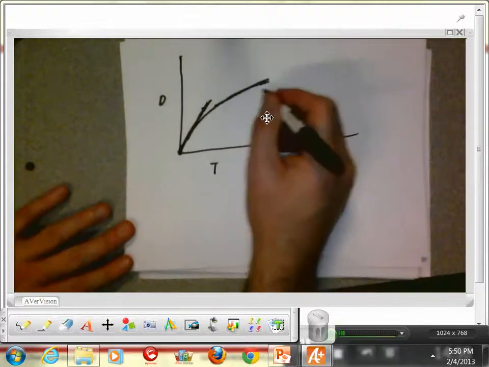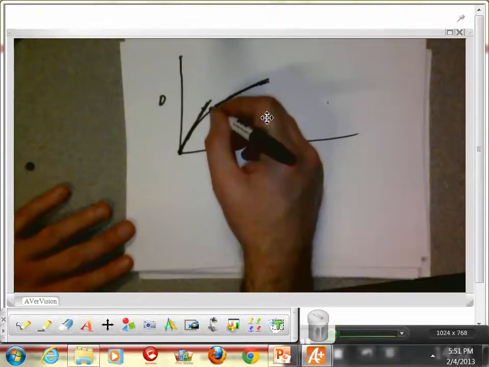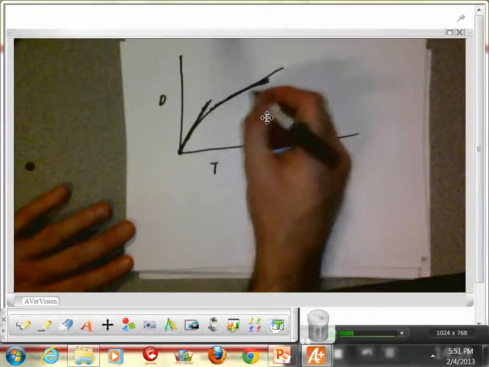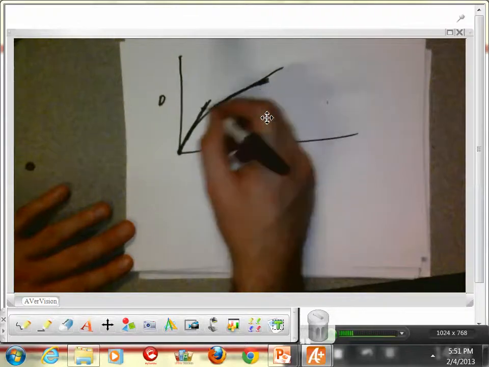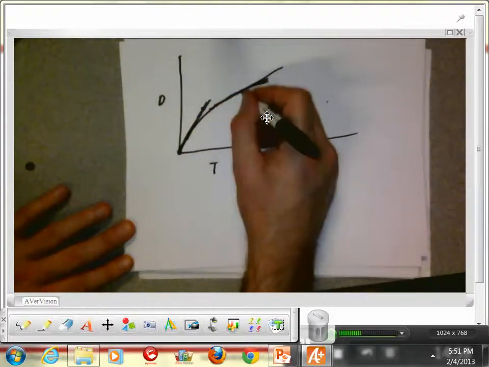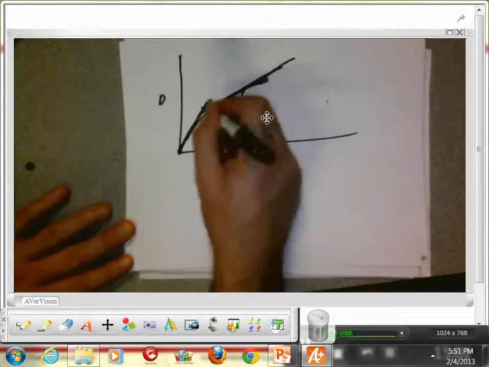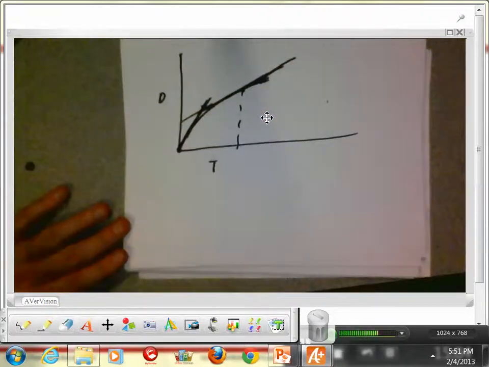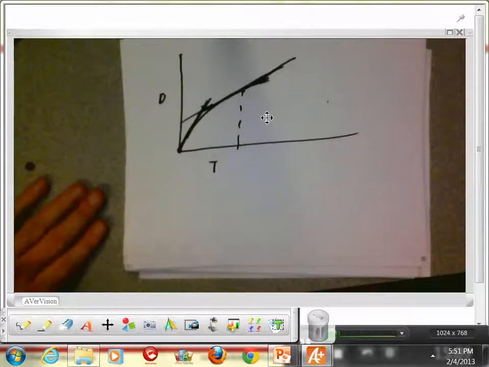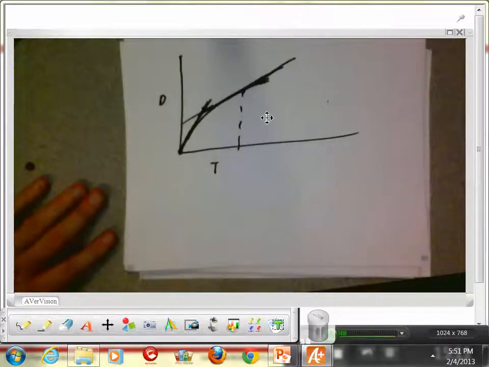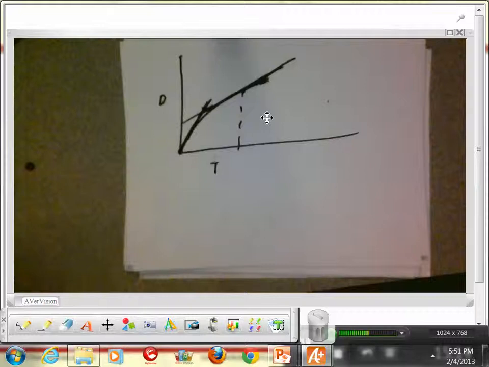It's starting to form into a bowl shape. Or if you draw any tangent line, the curve lies beneath the tangent line. So if I pick this point over here, and I draw the tangent line at that point, the curve is beneath the tangent line over here. So it's concave down. And that's the other way to look at it, a negative second derivative is concave down. Also, the derivative is going down.